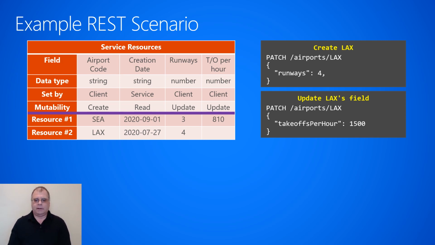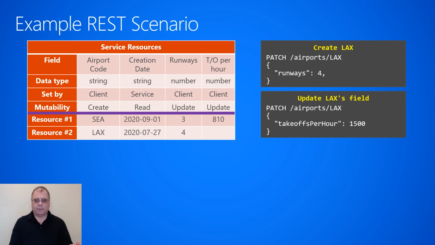Now let's say we want to update this resource's information. To do that, I'm using patch again. I'm going to patch to the same URL as before, so I'm modifying the LAX airport in the airports collection. And now I'm specifying the takeoffs per hour field with a value of 1500. Since the LAX airport exists in this case, it's going to be an update operation.